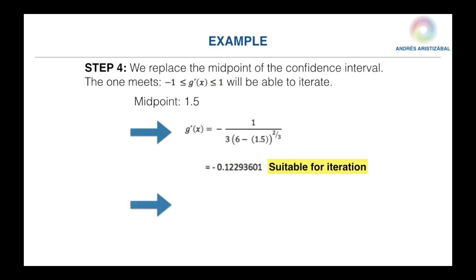We rewrite the other derivative that was minus 3x squared, and we replace x by 1.5 and we obtain minus 6.75. Since this result does not meet this requirement, it is not suitable for iteration.